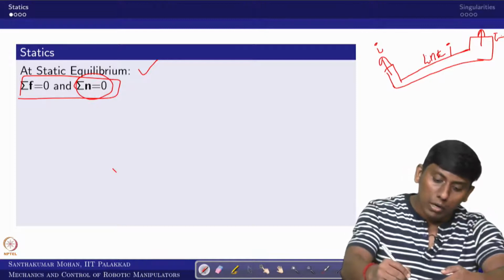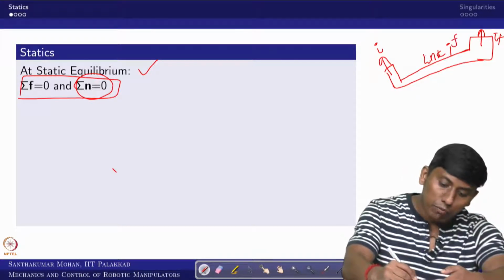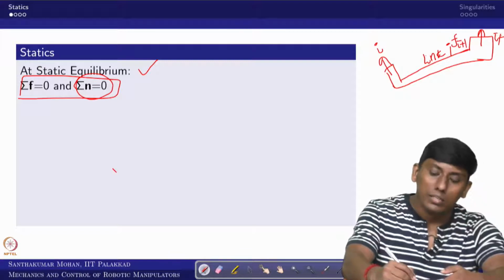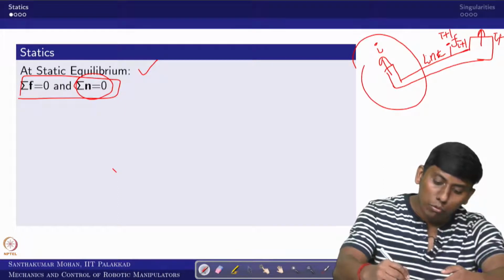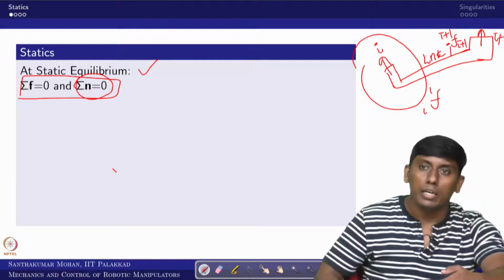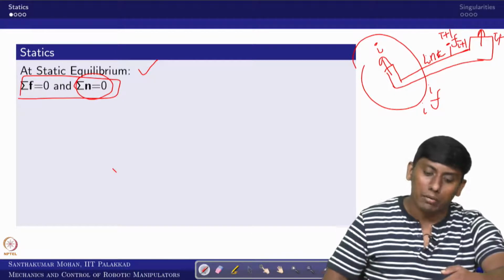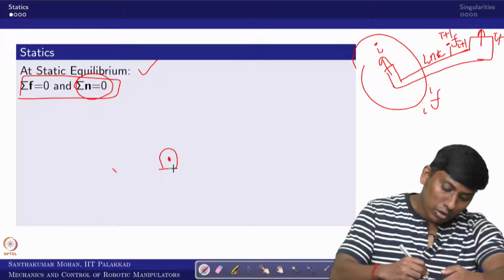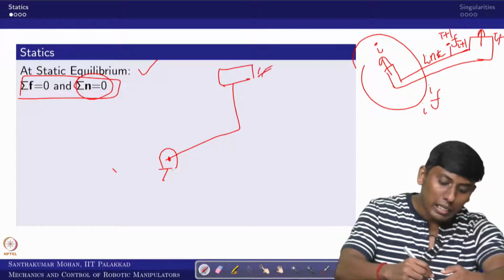Now if I have a force at i plus 1 in frame i plus 1, can I get the force at i? In the sense, we are trying to come backward. Why backward? Because we are talking about a serial manipulator, where the end is clearly known.